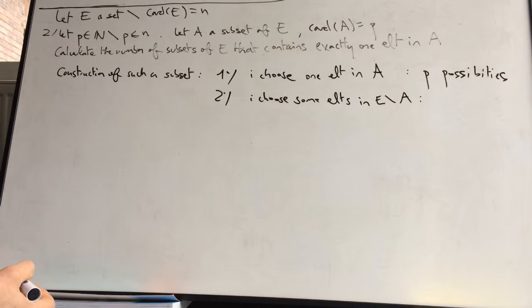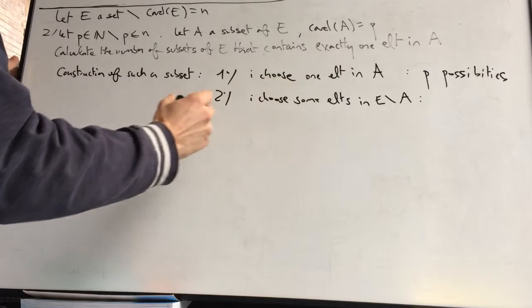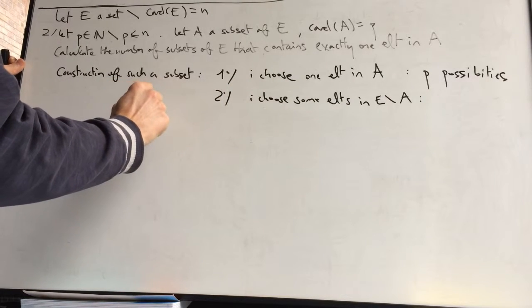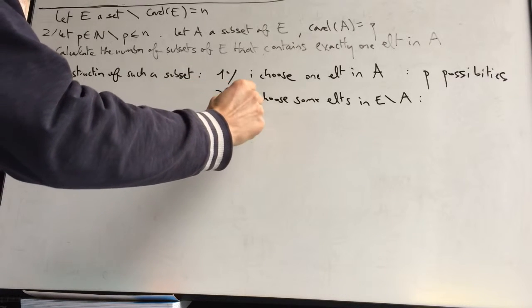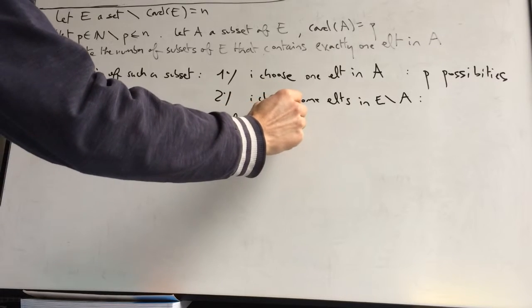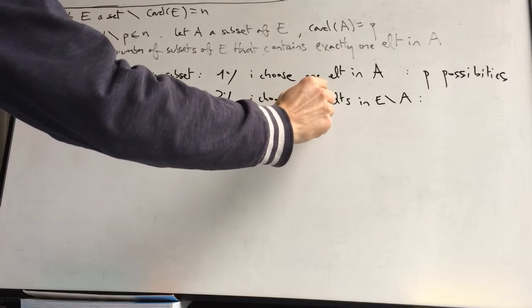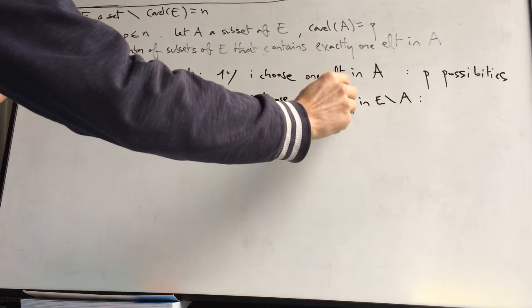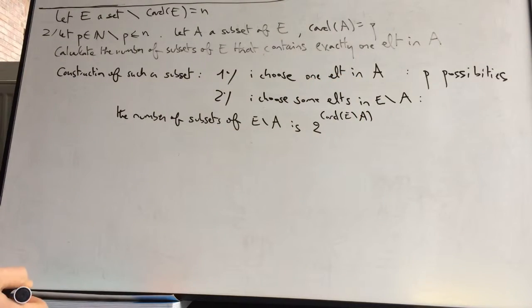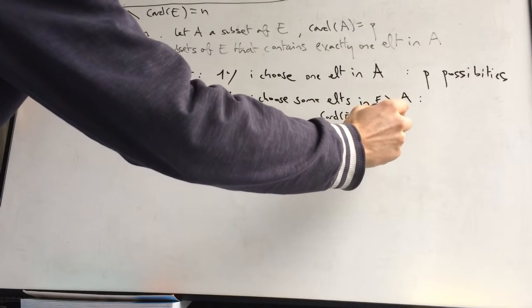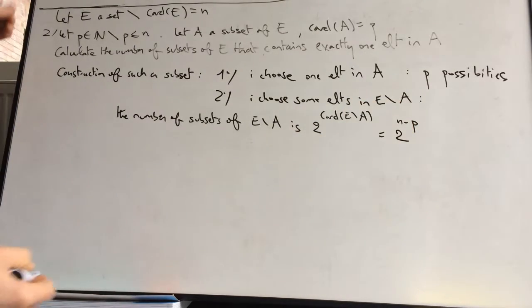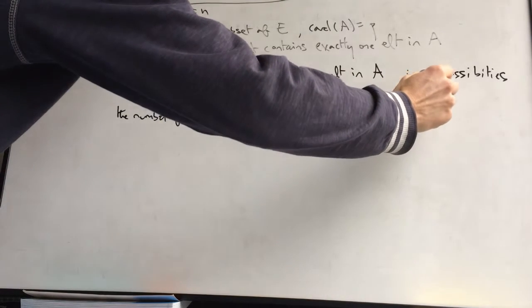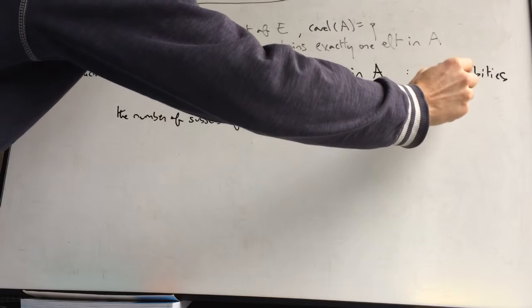The number of parts that I can build, the number of subsets of E minus A, is 2 to the power of the cardinality of E minus A, so it is equal to 2 to the power of n minus p. So here I got 2 to the power of n minus p possibilities.